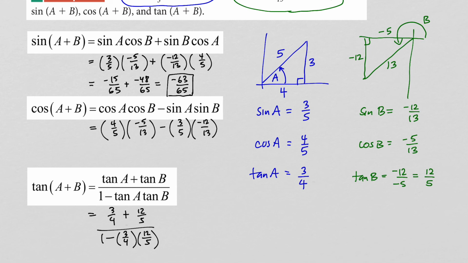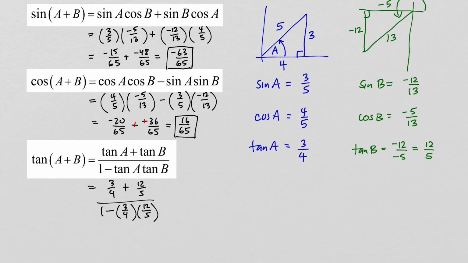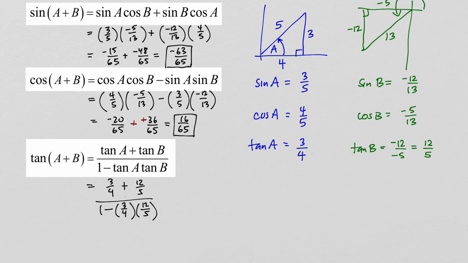And for the next one, if I do the math here, we have negative 20 over 65 minus, and then we have negative 36 over 65. And the minus minus here becomes a plus, and that gives us positive 16 over 65. And finally, for the tangent of A plus B, this is a little bit different because we have some fractions here.